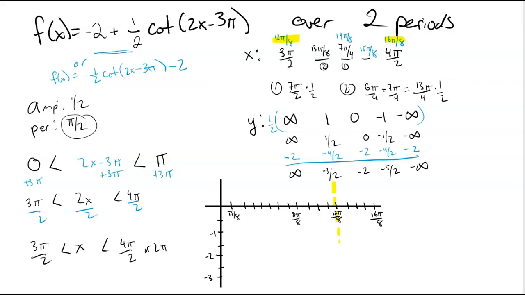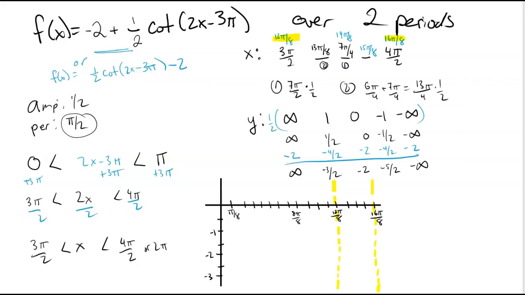So let's make an asymptote here. And then my numbers are here. My next one is -3/2, so go down 3 spots, go down to -2, and then finally -5/2.